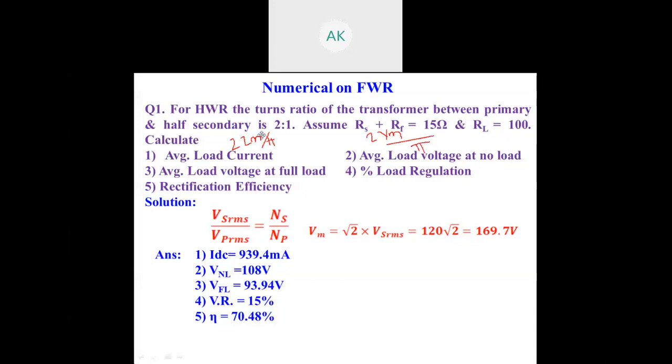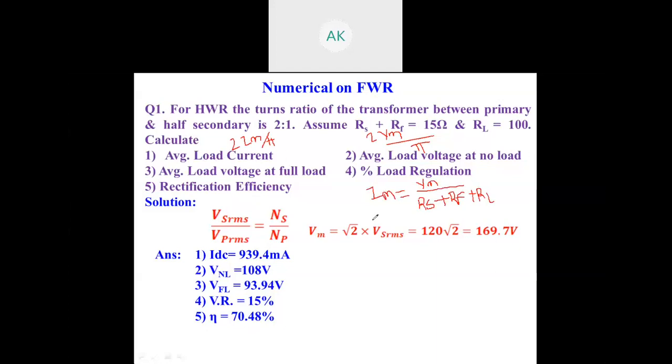Do you have the Vm? Yes, this one. Now, can you find the Im? What is Im? Im is given as Vm divided by Rs plus Rf plus RL.